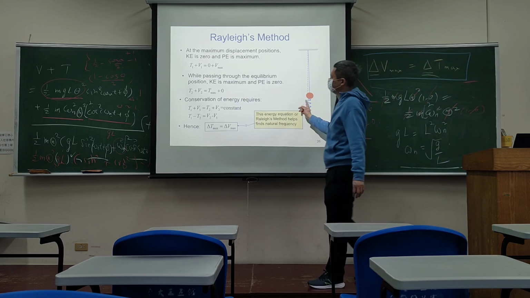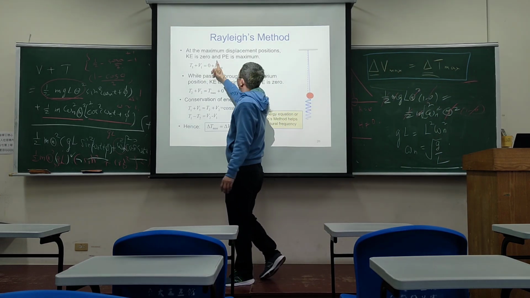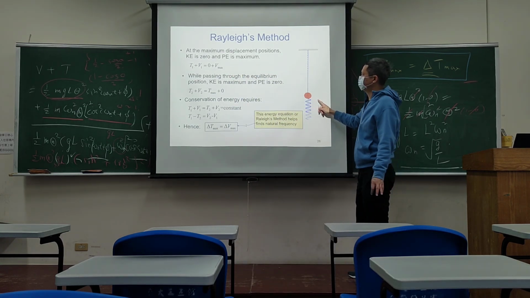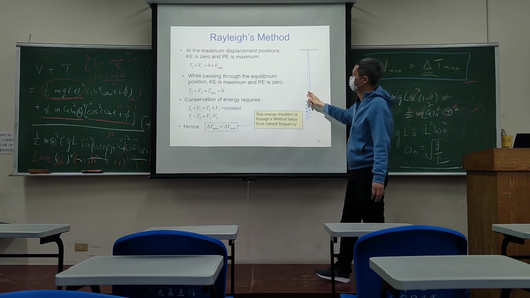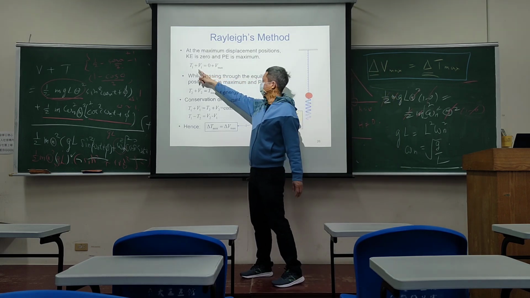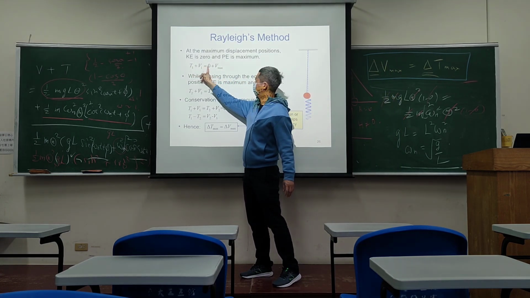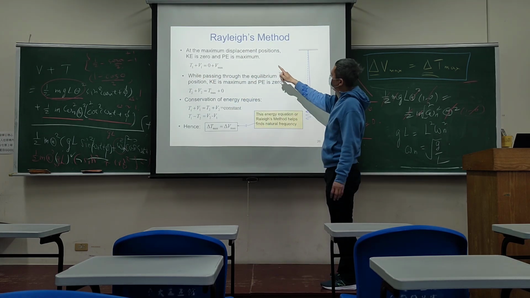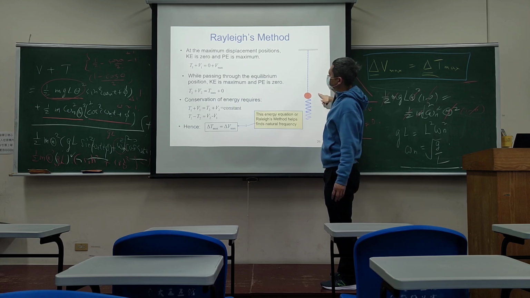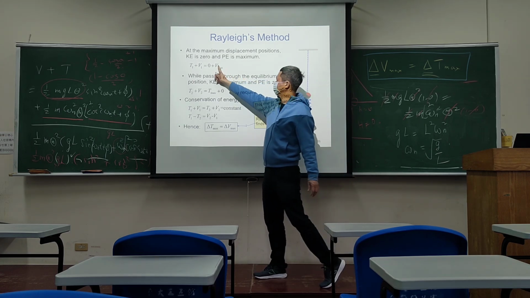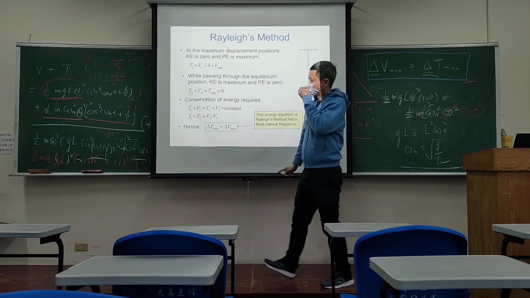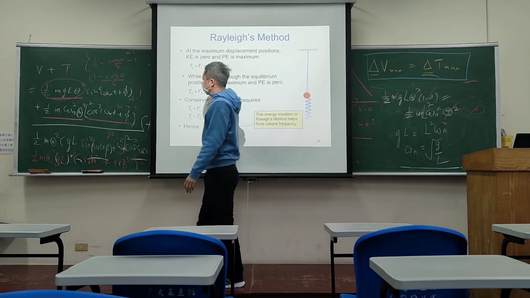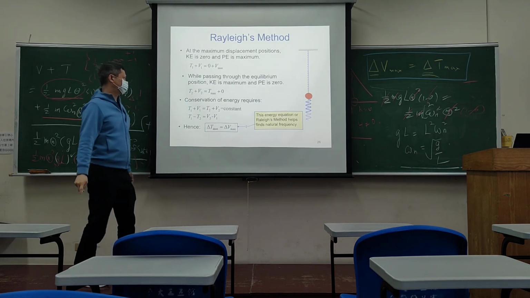But what he's arguing is at the maximum potential energy, okay? So it's equal to other energy state. Okay? So at the maximum displacement, you only have potential energy. And then at the lowest point, you have the maximum kinetic energy.